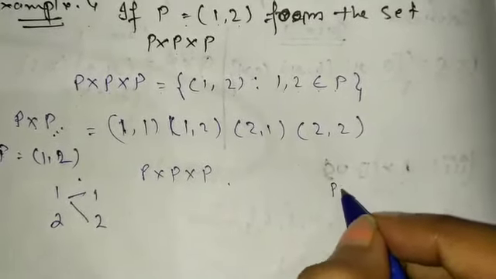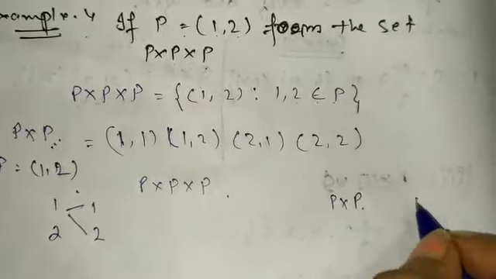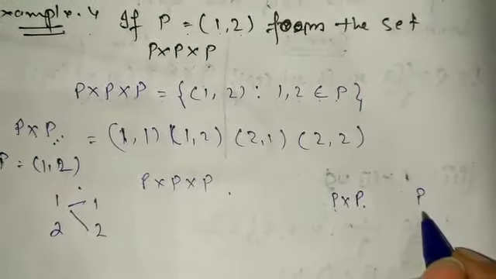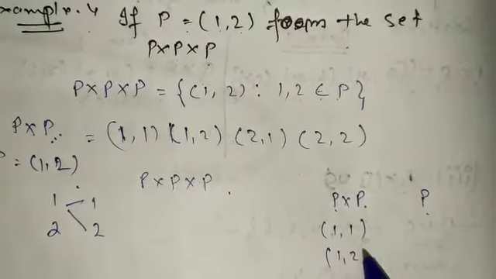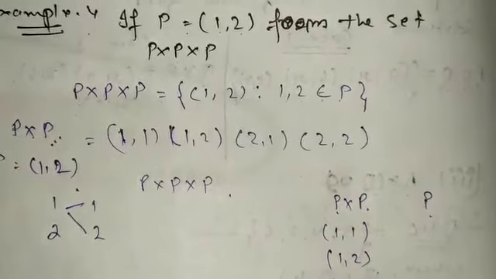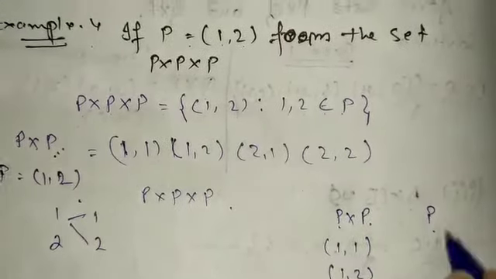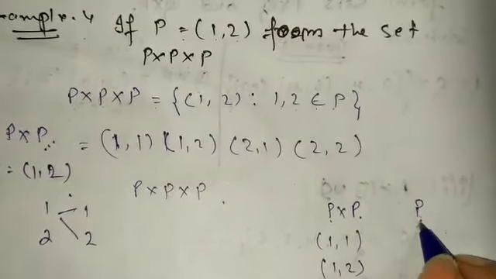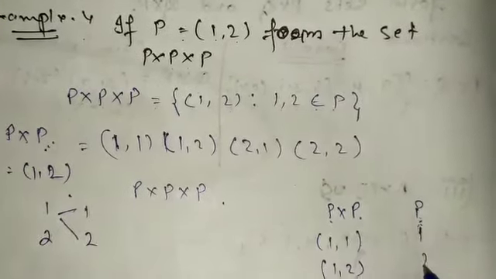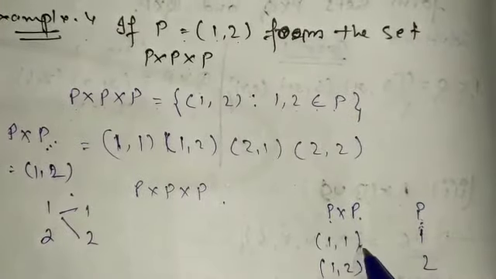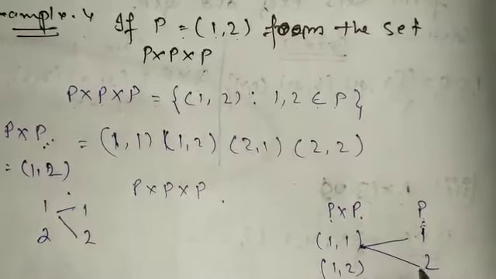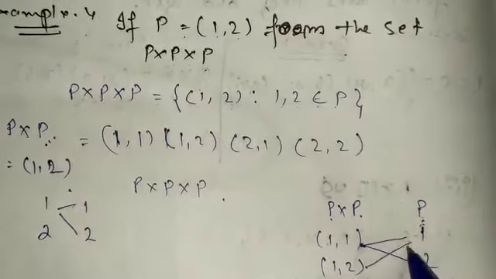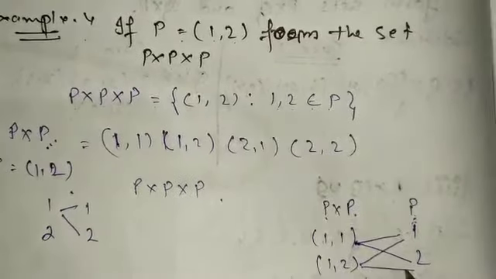We will write it as, where P into P has the following elements (1, 1), (1, 2), (2, 1), (2, 2), and similarly P has elements 1, 2, where we multiply each of these by 1 first and then by 2 second.